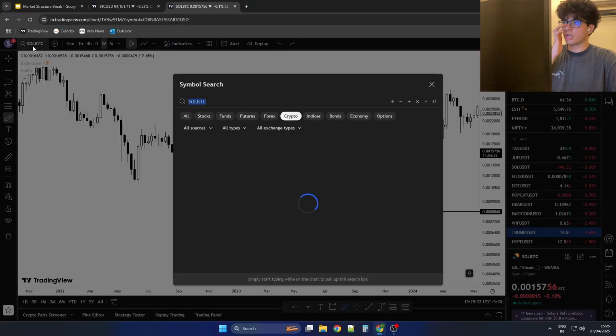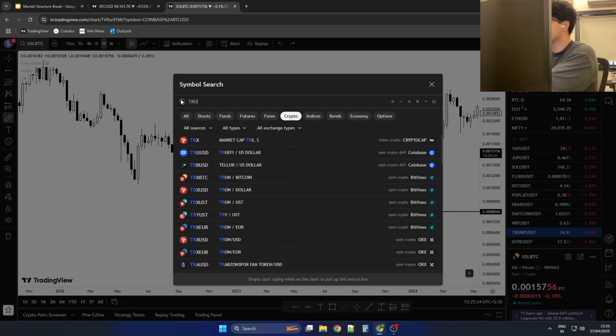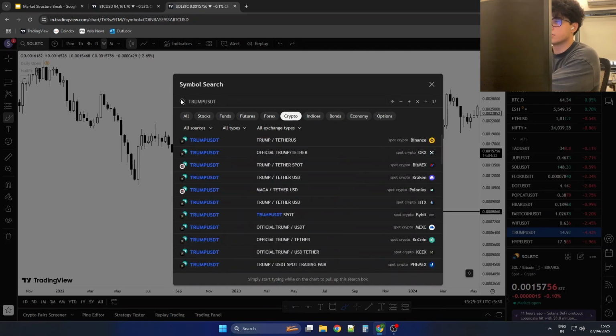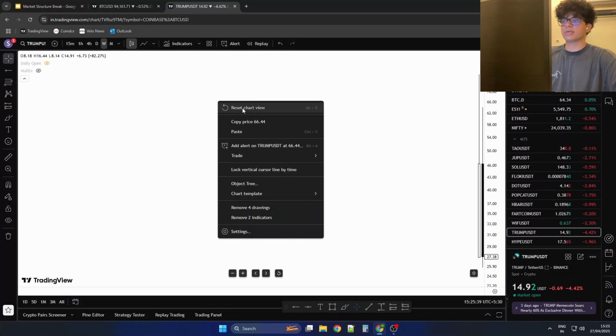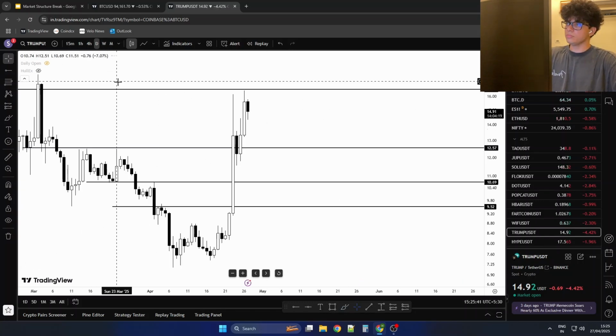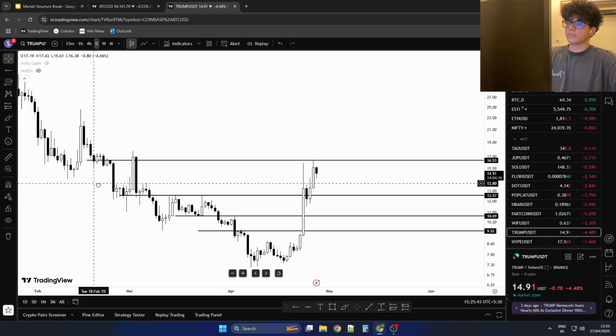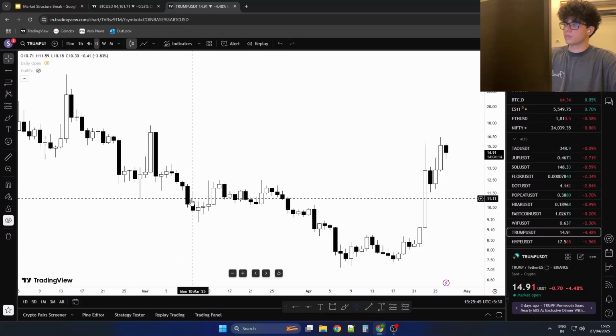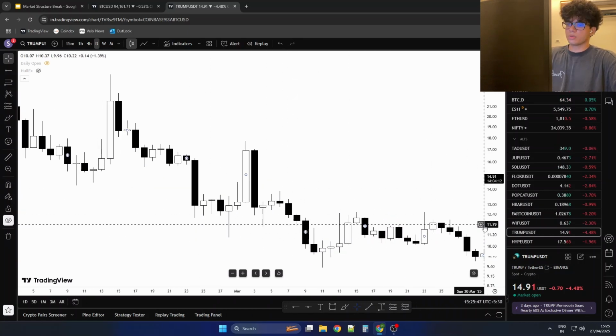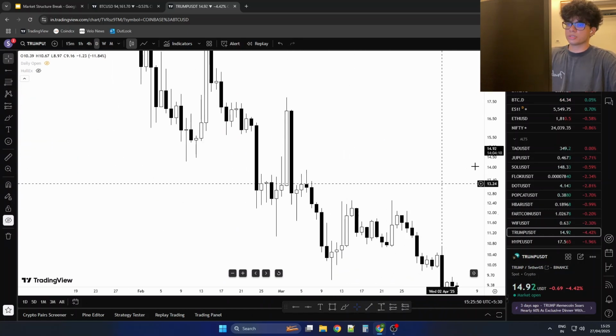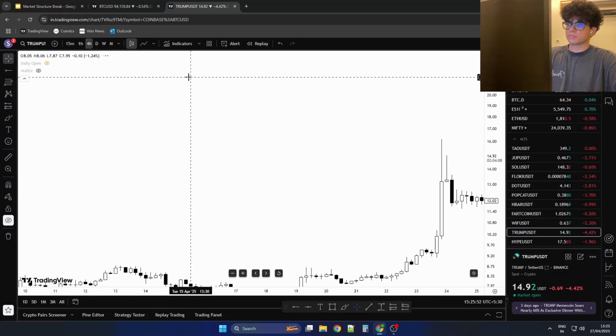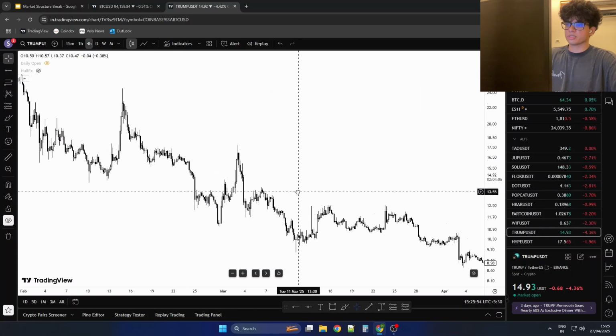So yeah. Now the third type of setup is called a reversal setup, which is where this completely fails. Oh, you guys can see it. Let me just find the setup here.